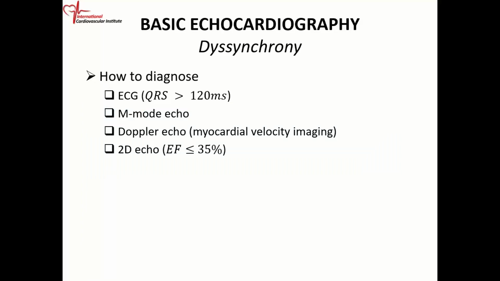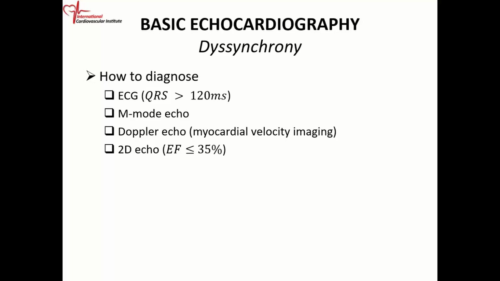So when the patient comes to the cardiologist, you have to diagnose dyssynchrony, because if you have intraventricular dyssynchrony, you already know that the heart is not going to be efficient. The pumping function of the heart is not efficient if you have dyssynchrony.